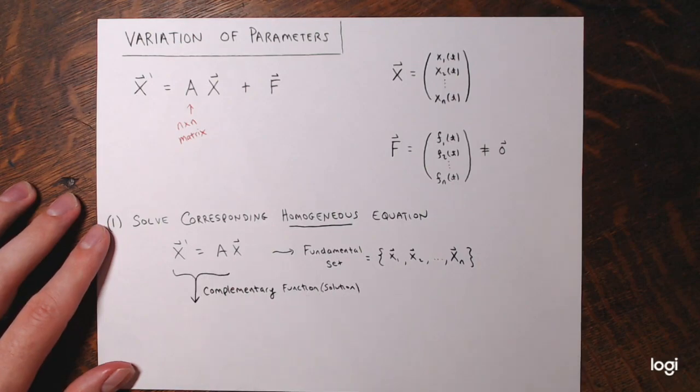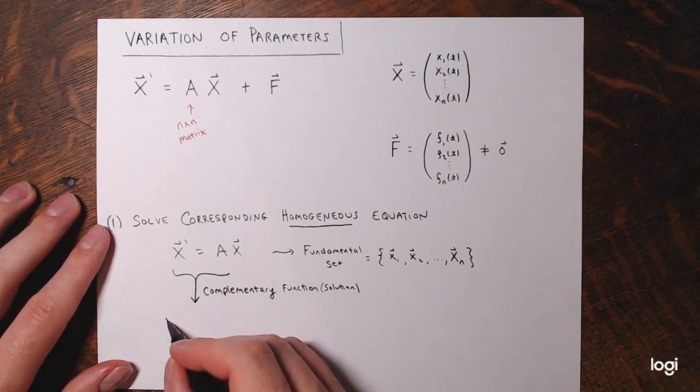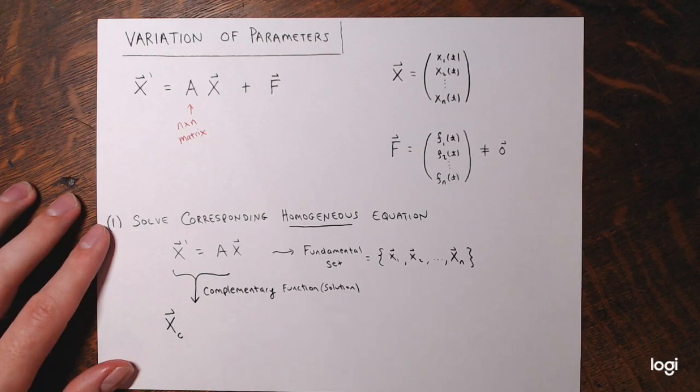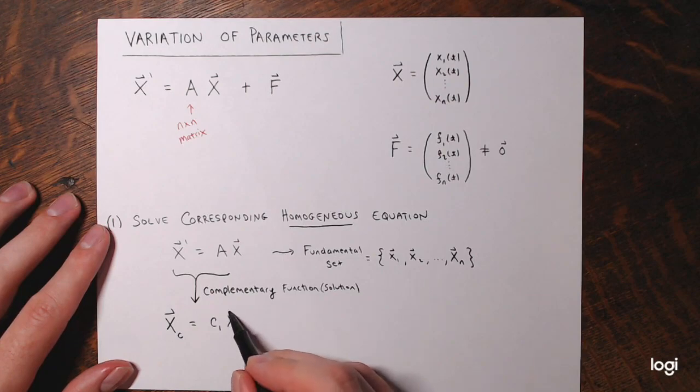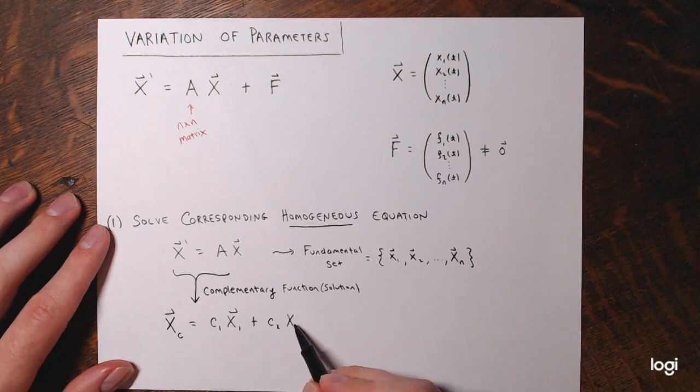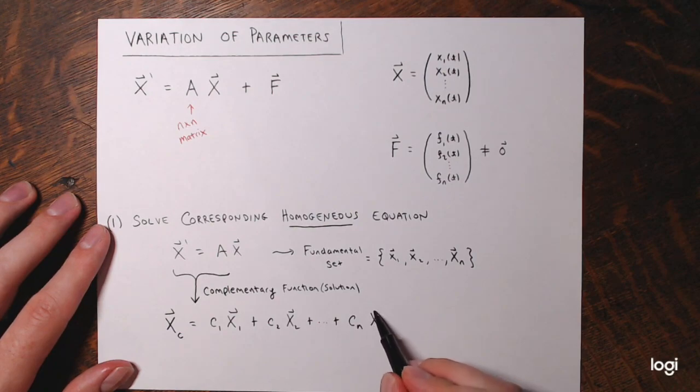That's the general solution to the corresponding homogeneous. So x sub c for complementary is equal to some constant c1 times vector x1 plus some constant c2 times vector x2 plus all the way down to plus some constant cn times vector xn.